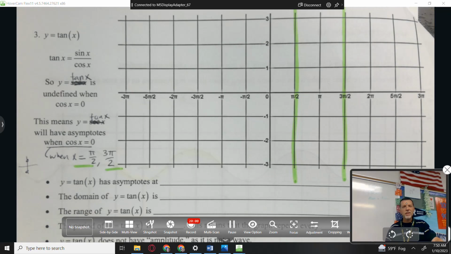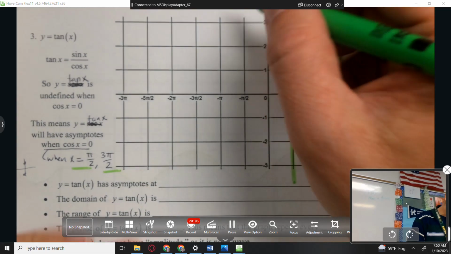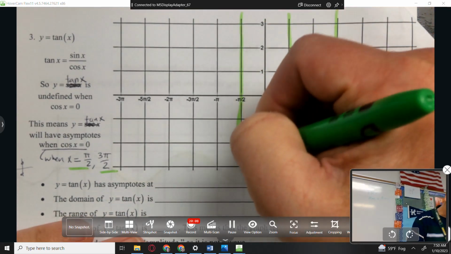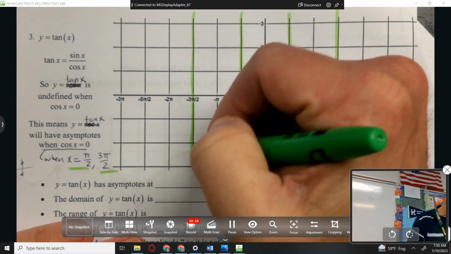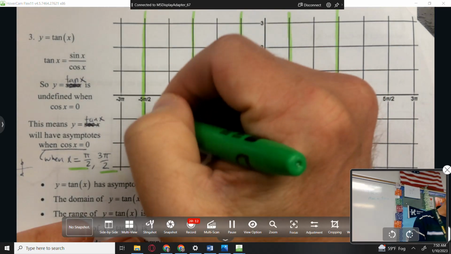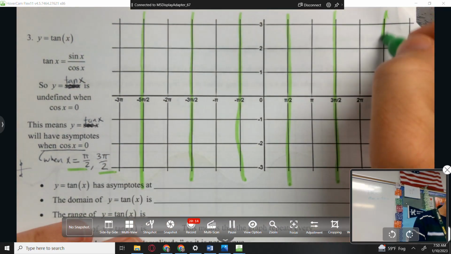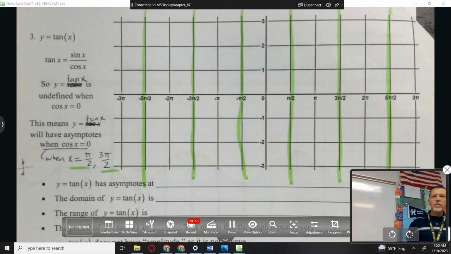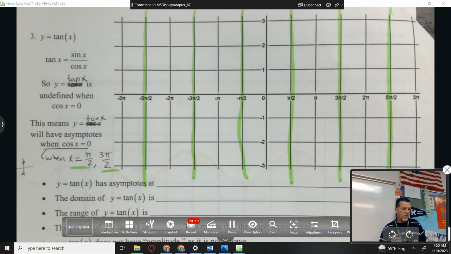That's not wrong, but that's only the 0 to 2 pi asymptotes. If I go backwards, there's an asymptote at negative pi over 2 and negative 3 pi over 2. And maybe you get the pattern here. All the odd multiples of pi over 2 have an asymptote.